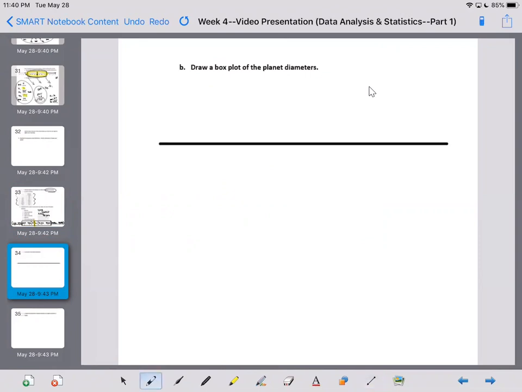I'm going to go from 0 with quarters all the way to 100,000. So I just gave us a number line from 0 to 100,000, and then I want to put my minimum and my 5-number summary on the scale so I get a better look at what this looks like.